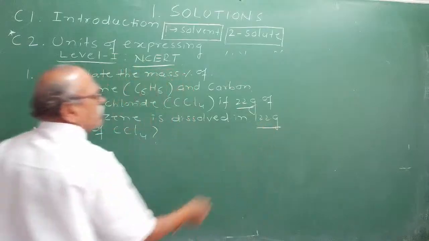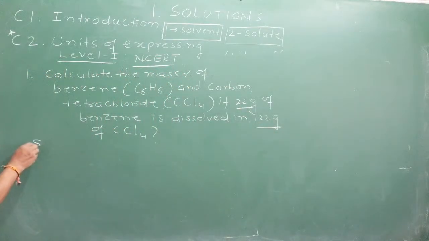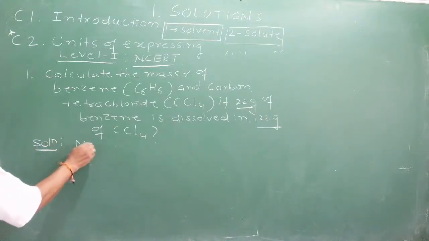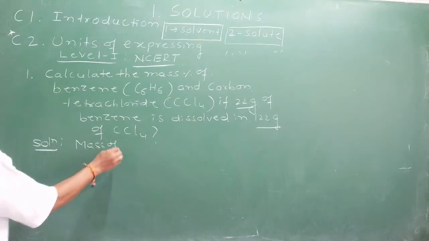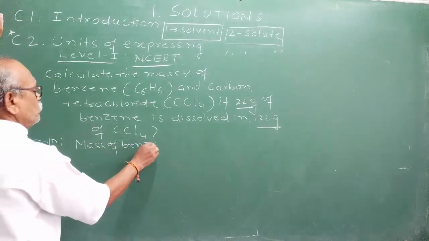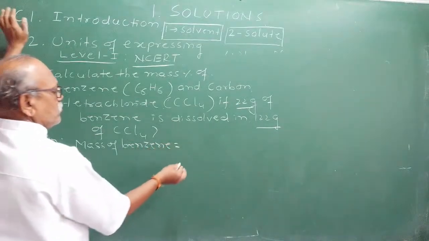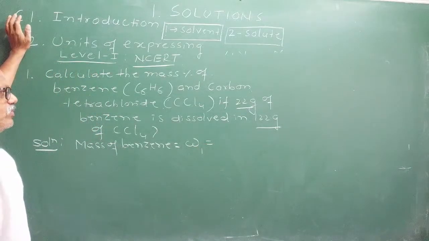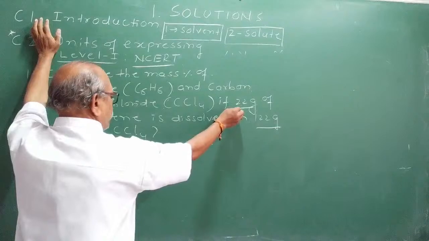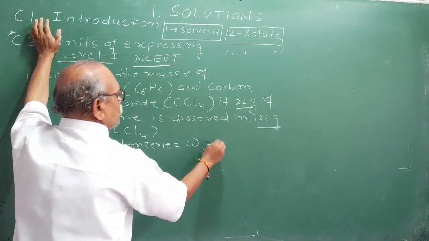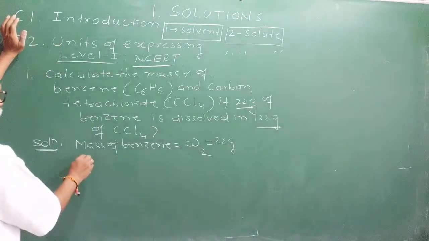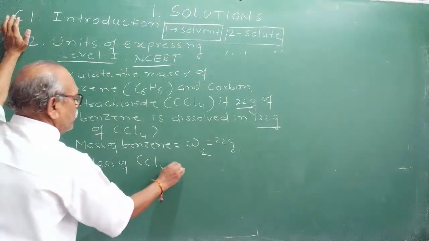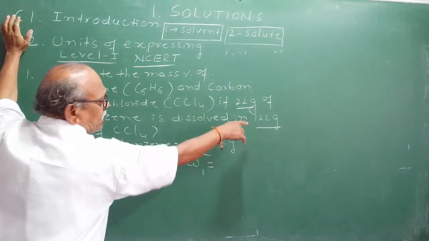The one which is in large quantity is taken as solvent. Therefore, here in this problem, which is the solvent? Mass of benzene is taken as W2, since benzene is the solute, which is 22 grams. Then mass of carbon tetrachloride, mass of CCl4, we will take as W1 because it is taken in large quantity.